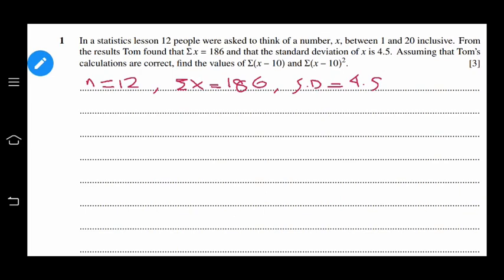So what can we do here? As usual, we have to use mean. Mean x bar is sigma x divided by n, which is 186 divided by 12.